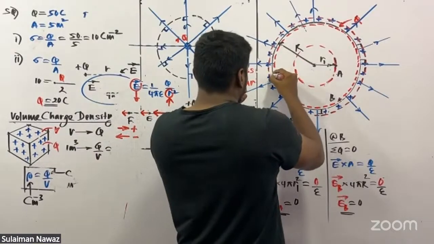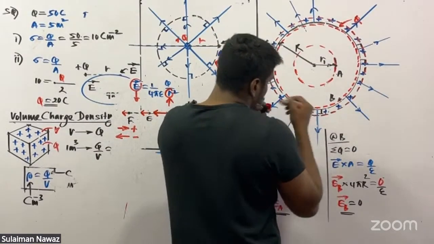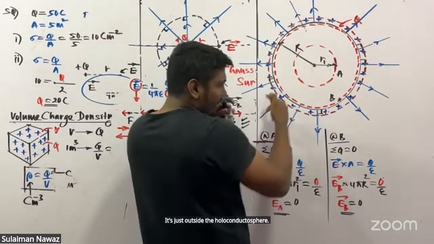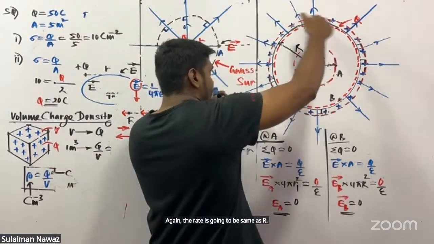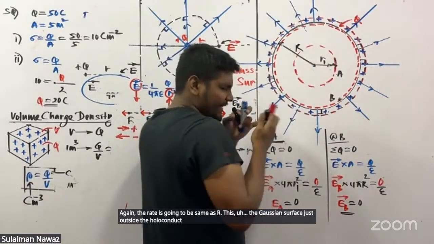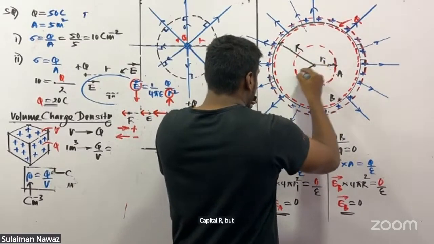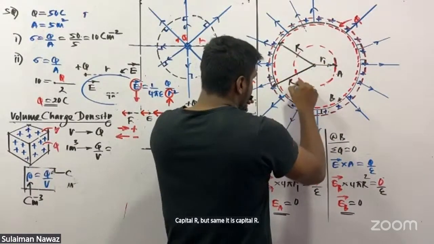The radius is going to be the same as capital R. Same radius, capital R. You properly mark it, capital R.